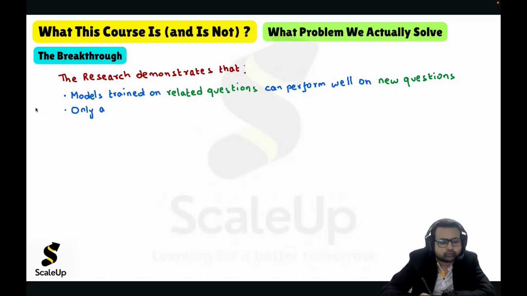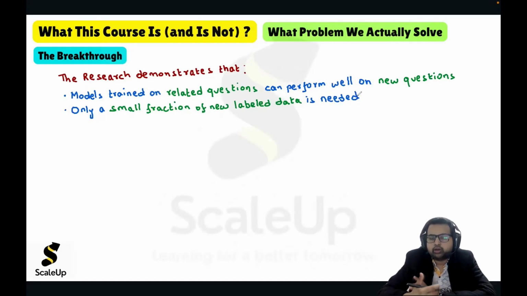Only a small fraction of new labeled data is needed. We don't need thousands of data points; only a small fraction of new labeled data is enough.